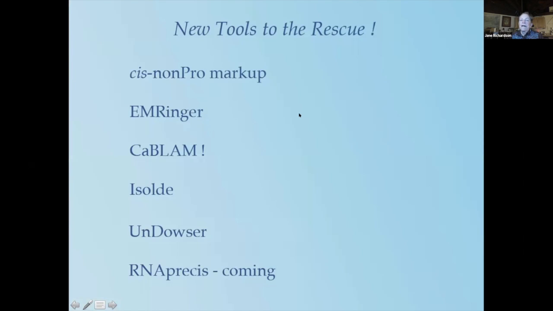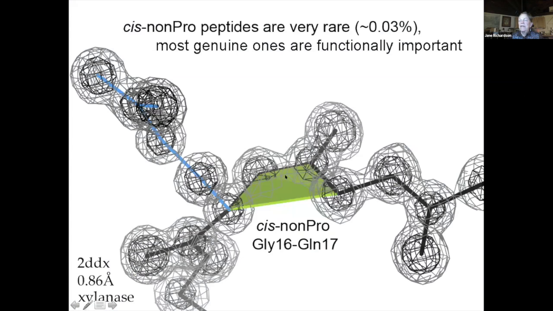So there are a lot of new tools to the rescue, and I've talked mainly about kablam and Sysnon Pro. Those are some of ours. I will mention some things like EM Ringer and Isolda and other things. So we'll start to explore the new tools that help you do this.